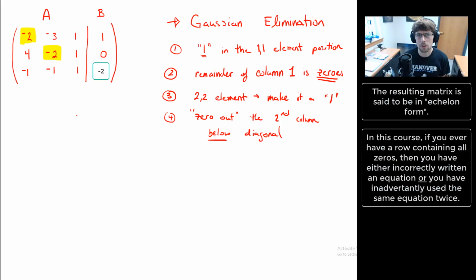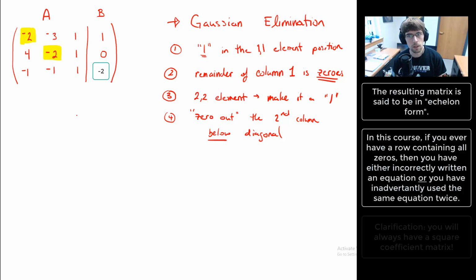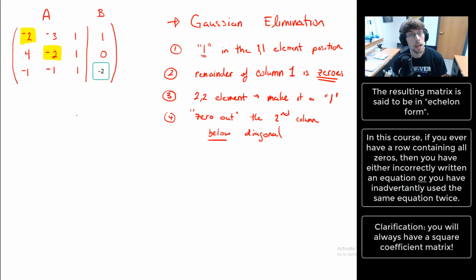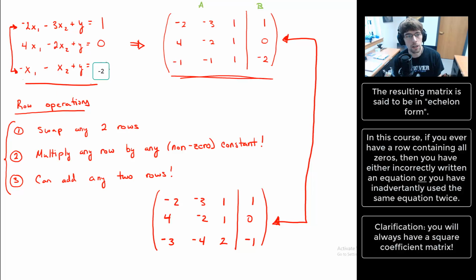The last thing you say, well, wait a minute, Greg, what happens if I don't have a square matrix? That's a legitimate concern. In this course, you will always have a square matrix. And that's because if I have 5 unknowns, how many equations do I need? 5. If I have 10 unknowns, how many equations do I need? 10. If I have 3 unknowns, how many equations do I need? 3.